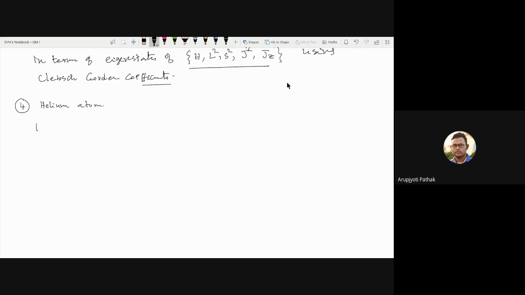The Hamiltonian for the helium atom is given by P1 square by twice m_e plus P2 square by twice m_e minus 2e square by R1 minus 2e square by R2 plus e square by R12, where R12 is essentially the modulus of R1 minus R2.